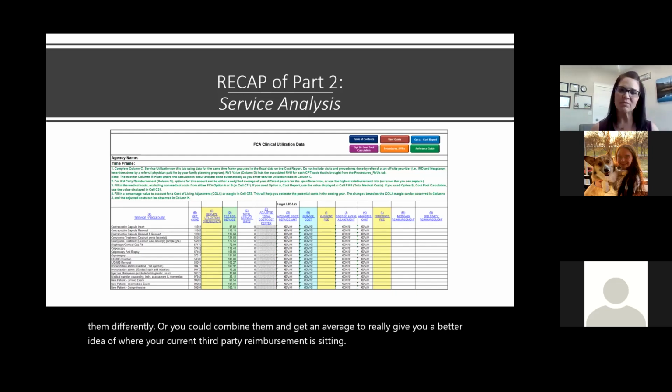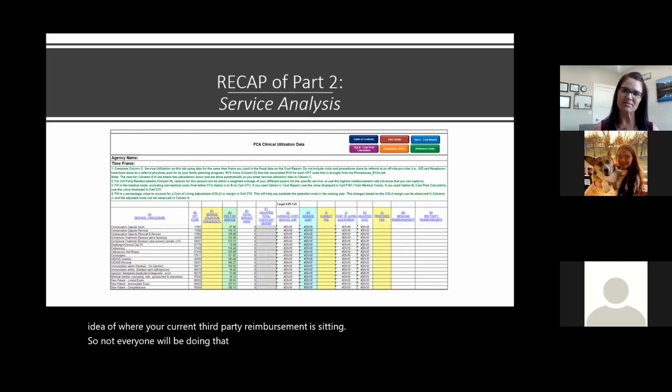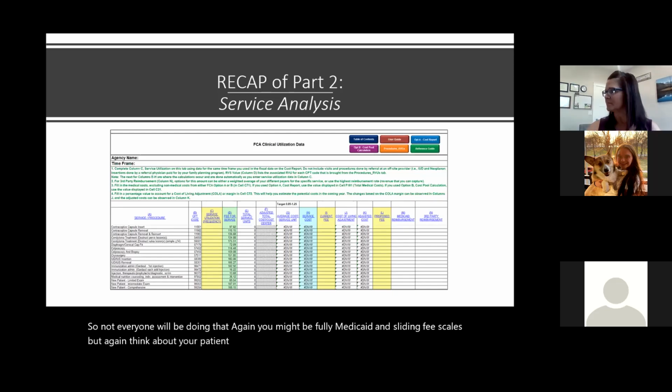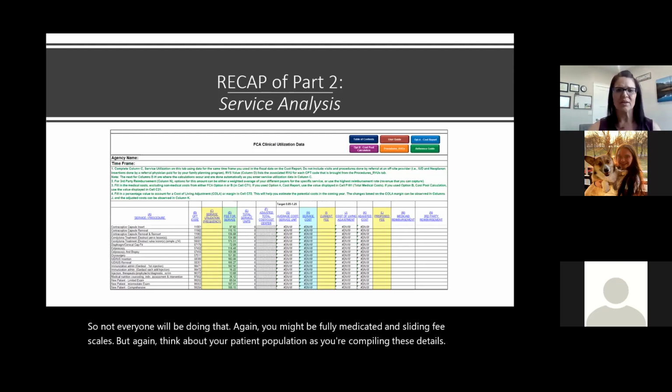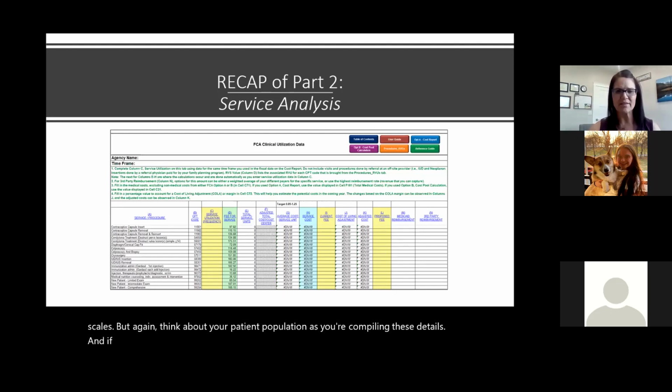So not everyone will be doing that. Again, you might be fully Medicaid and sliding fee scales. But again, think about your patient population as you're compiling these details. And if you have contracts with commercial payers, you should be able to reference that contract and find your fee schedule within that contract to help satisfy the details needed to enter into column N.